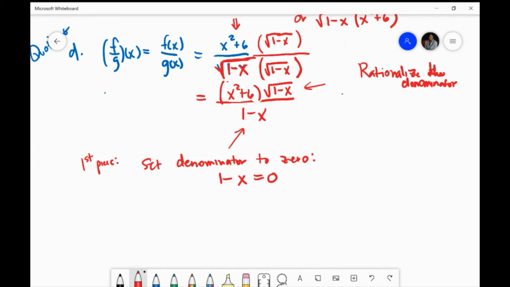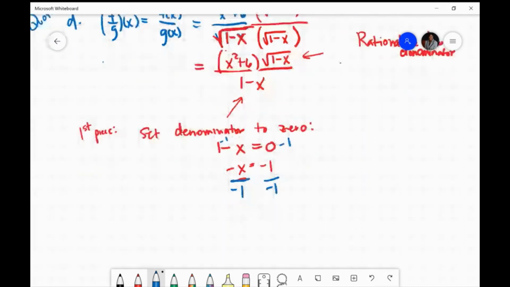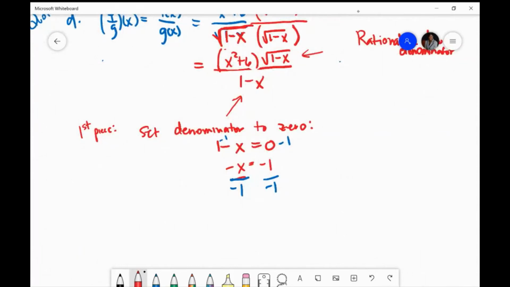What would you do? Subtract 1 on both sides. And then that's negative x equals what? Negative 1. And then what would you do? Divide by negative 1 on both sides. And then what would you get? x equals 1.